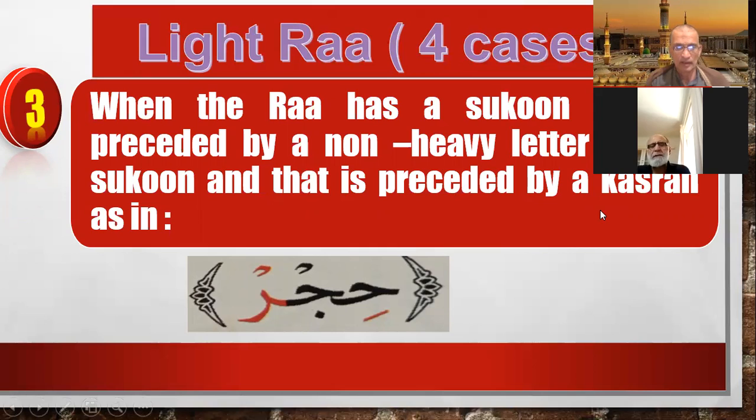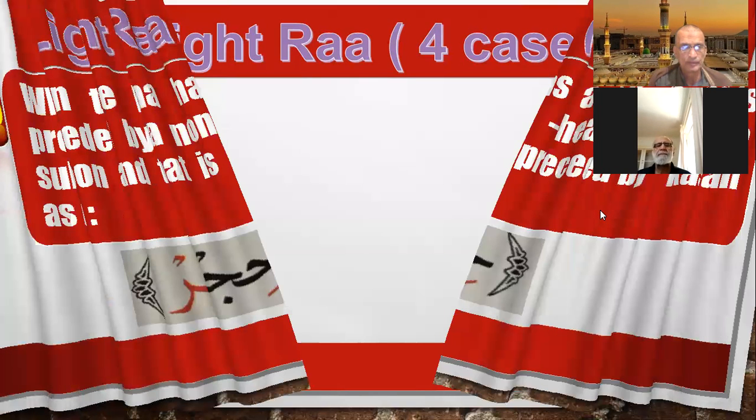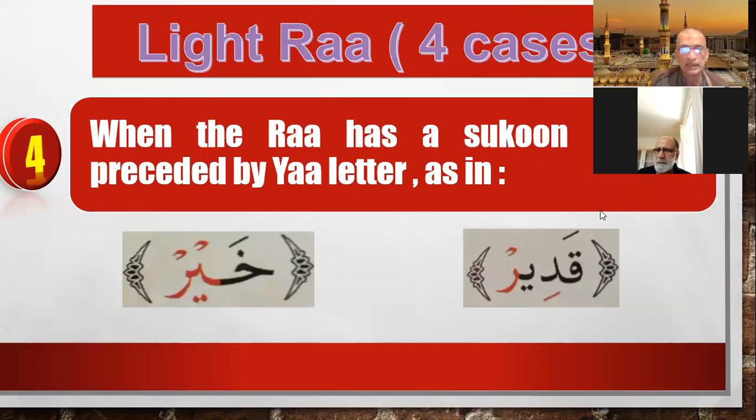Ra second, preceded by a non-heavy letter second, preceded by a kasra. Number four, when the Ra has a sukun and is preceded by a ya letter, like Qadir, Khair. Okay?